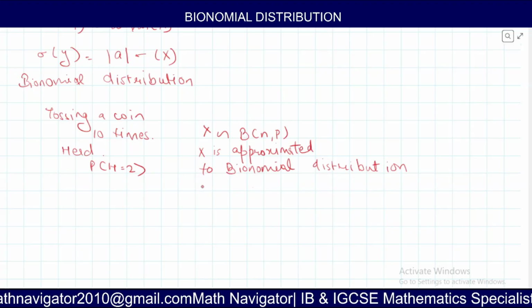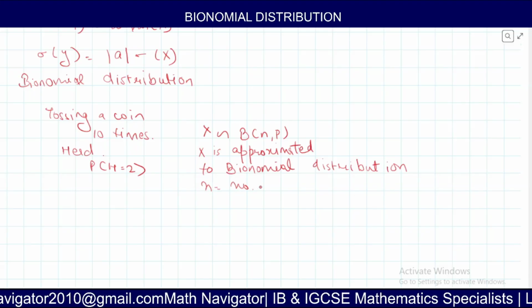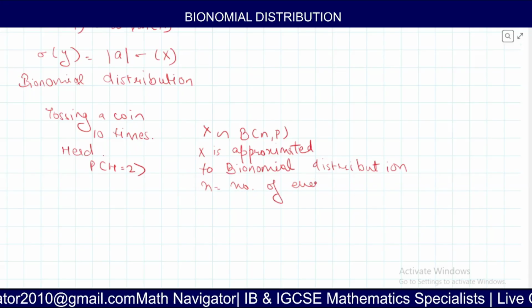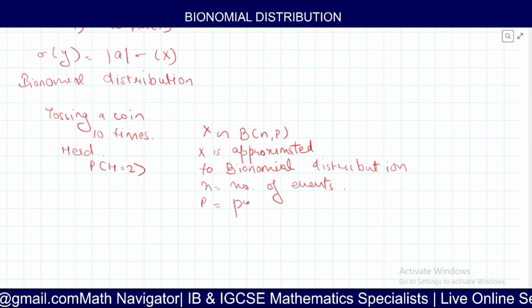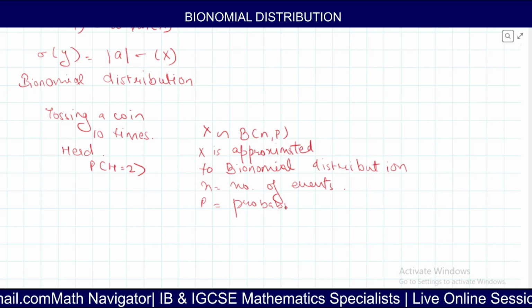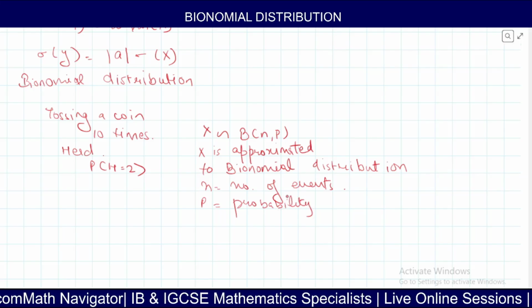Here n is equal to the number of events and p is equal to the probability of success. Got it?